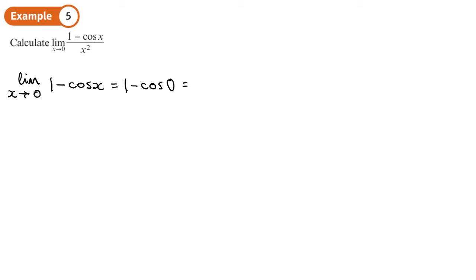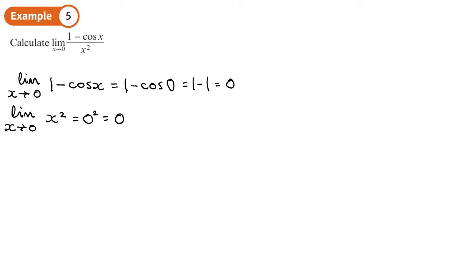Cos 0 is 1, so it's 1 minus 1, so we end up with 0 in the numerator. That tends to 0. And the limit of the denominator of x squared as x tends to 0, well, that will just be 0 squared, which is 0.